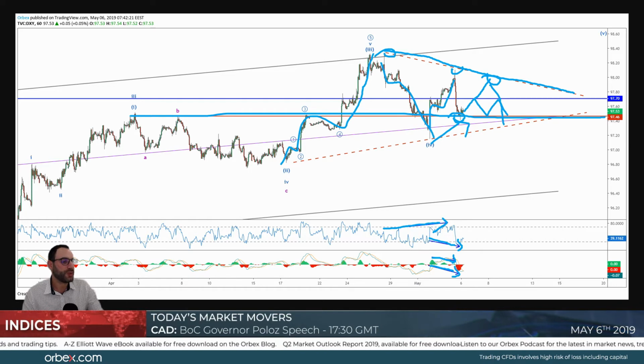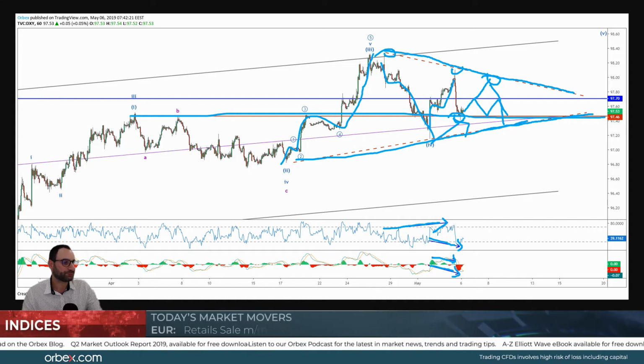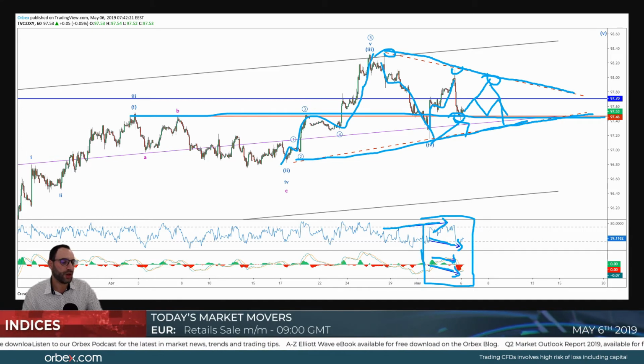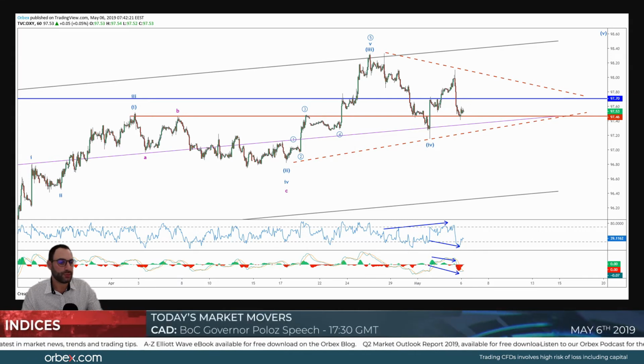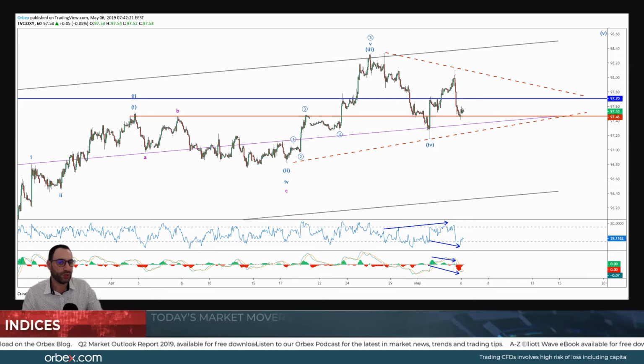And then we're going to expect prices to move all the way back lower to the opposite ascending line. Of course, we expect further clues to be given to us by both RSI and MACD. So just to summarize, I am at the moment a little bit mixed on the index with a bullish bias.